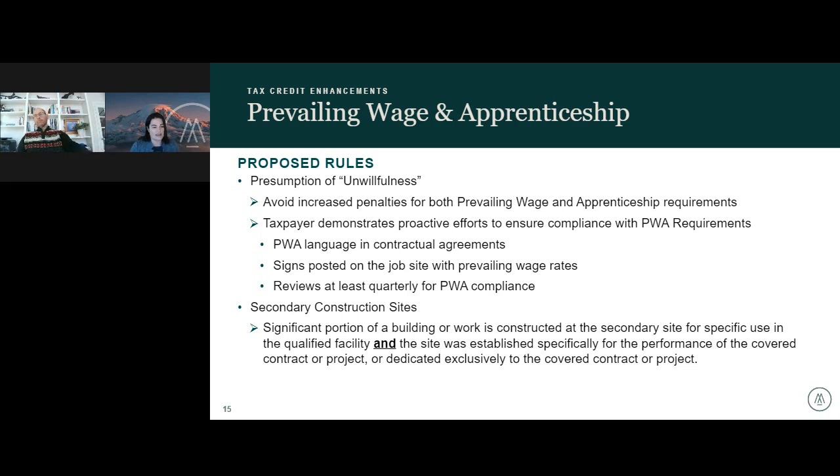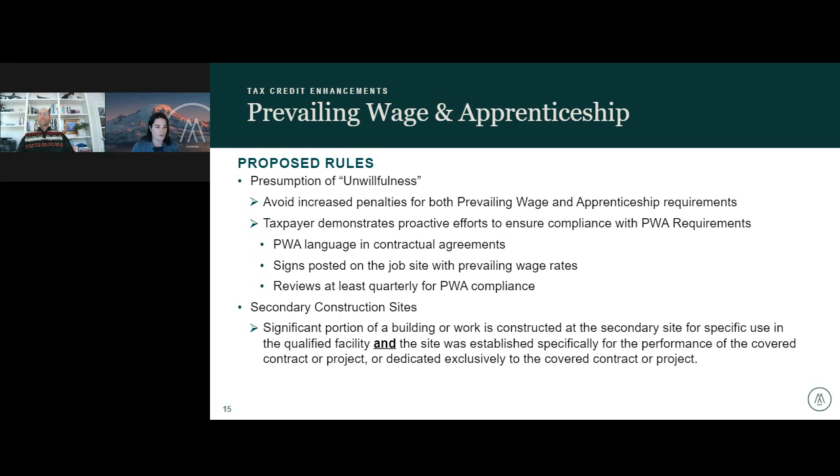And if that's the case, you could have a second set of prevailing wage criteria that would need to be met, because you also have to be meeting the PWA requirements at that second site. So if it's a different county, if you're doing different work activities at that site, you could have additional or secondary prevailing wage criteria for work performed at that site.